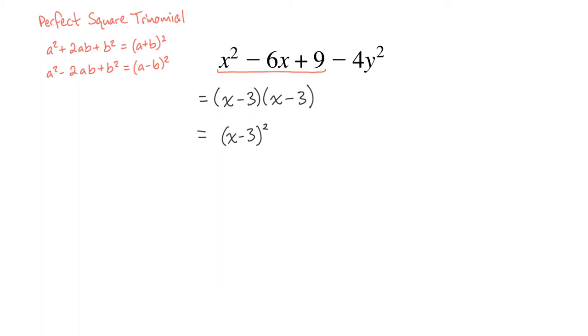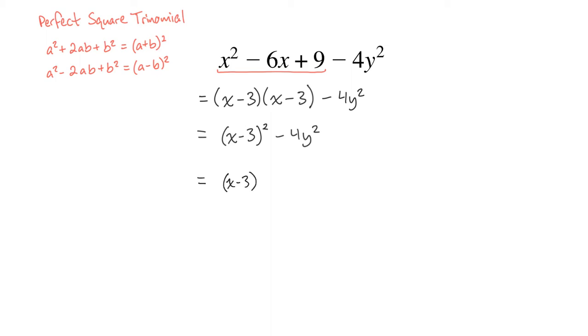So going back to the question, we factored the first three terms, and we still have this minus 4y squared at the end. So we've been left with a difference of squares here. X minus 3 squared is a perfect square, 4y squared is a perfect square, and they are being subtracted. So we're looking for the square root of x minus 3 squared, and that's just x minus 3.